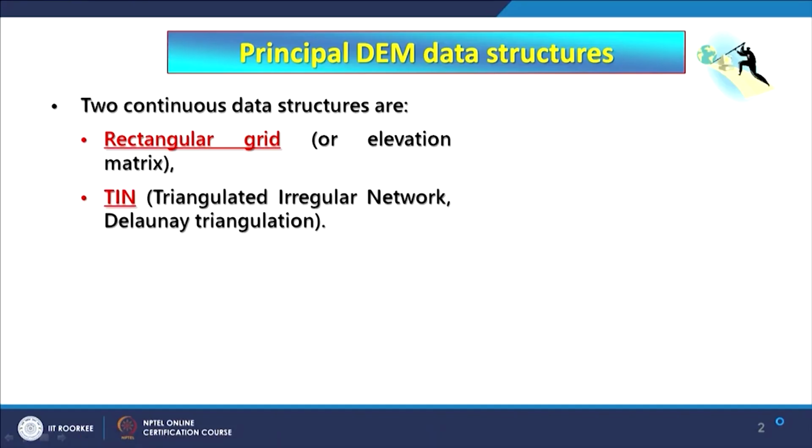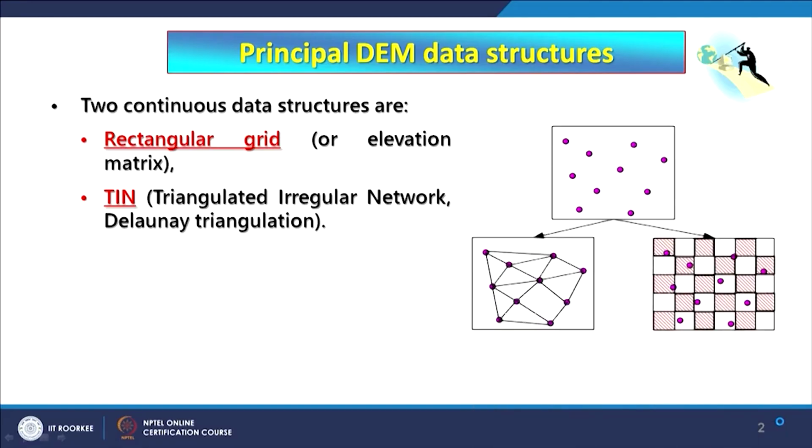Of course, it is continuous. In TIN, instead of a square unit as in raster, we use a triangle as the unit, but the shape and size of these triangles are adaptable to relief changes, and that is why the word irregular network of triangles is used here. It is based on the Delaunay triangulation method, which we will also touch upon.